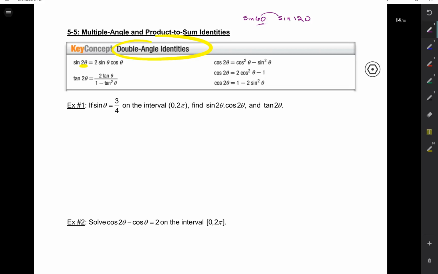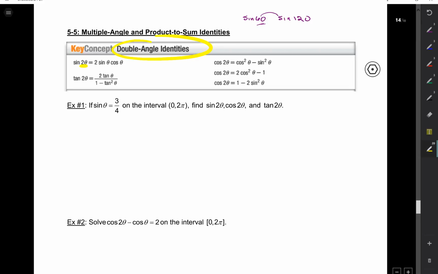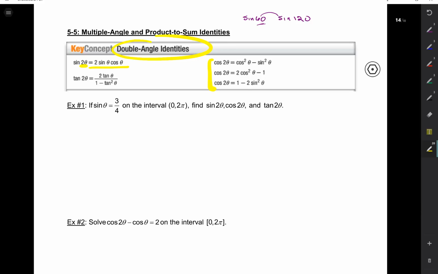So we have sine of 2 theta, and we've got one trig identity for sine of 2 theta. For cosine of 2 theta, if you look on the right hand side, we've got 3 options, and all 3 of those have equal weight. One is not better than the other.